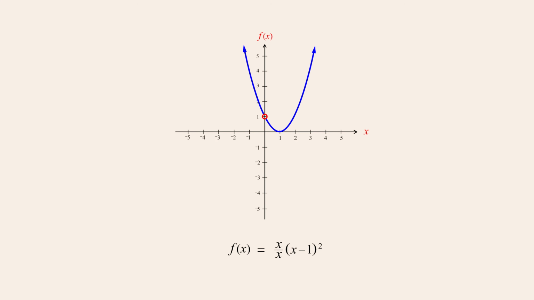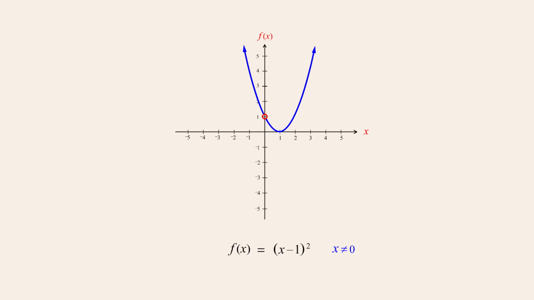However, since when x is 0, the value of x over x is undefined, 0 must be excluded from this function's domain, resulting in a hole in the graph at an x value of 0. The x over x term can be eliminated without affecting the graph, as long as we continue to keep 0 excluded from the domain.